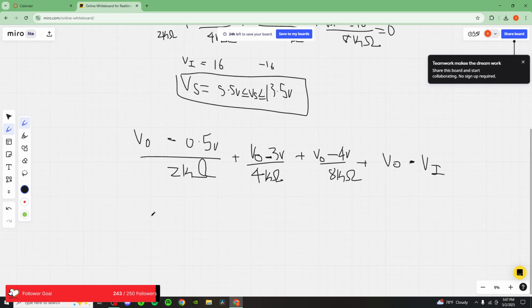So you go V initial minus Vn, which is also V0, over 8 kilo ohms, plus V initial divided by 10 kilo ohms.